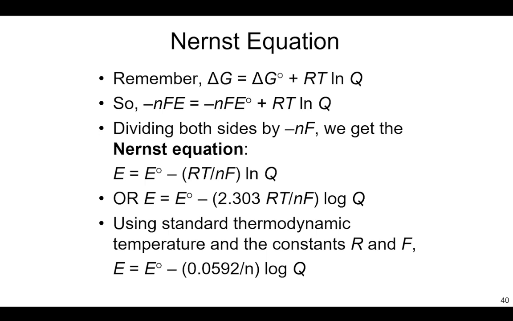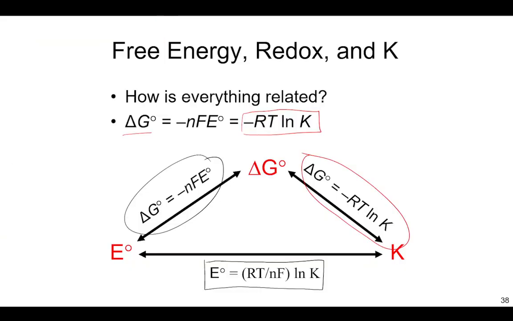Now, one final concept we have to discuss is the Nernst equation. And this can look a little overwhelming, but you remember when we first discussed delta G, we talked about it with these degree signs. We've talked about cell potential thus far with this degree sign as well.